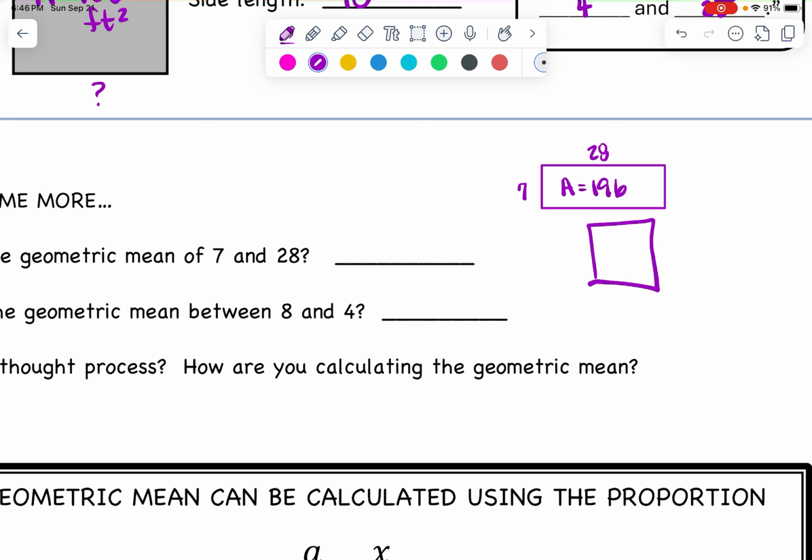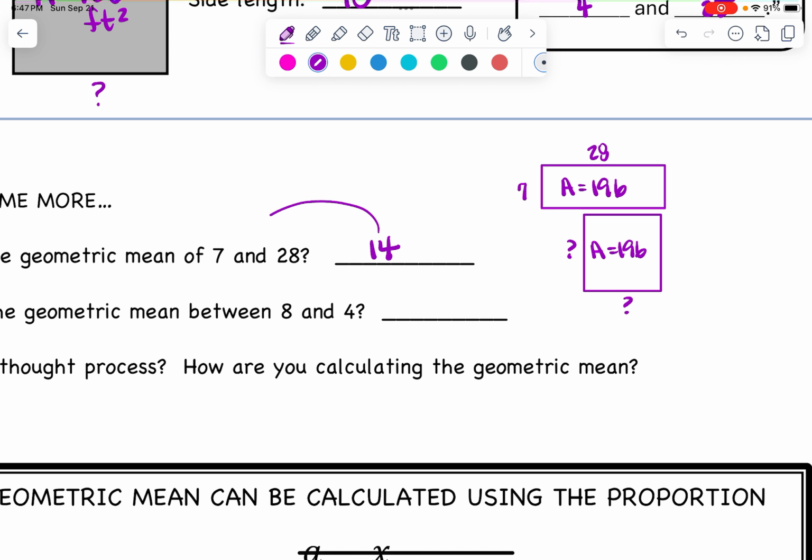So then you're asking yourself, what would the side length of a 196 square have to be? So you're asking yourself what number times itself gives you 196. And it is a perfect square, and that is 14. So that is the geometric mean of 7 and 28. And notice it is a number that's somewhere in between 7 and 28. It's not smack dab in the middle because it's the geometric mean and not the arithmetic one.